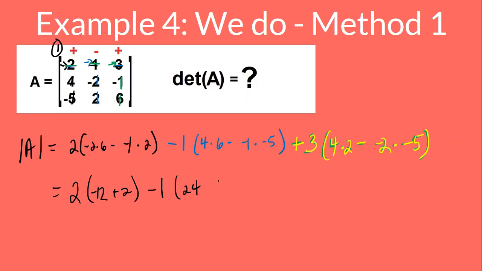A negative times a negative is a positive, plus 5. Nope, minus 5. Plus 3, and I have 8. A negative times a negative is a positive. That's positive 10. So 8 minus 10.